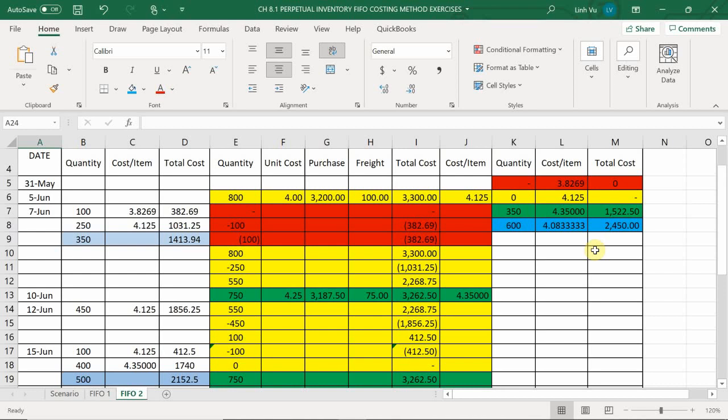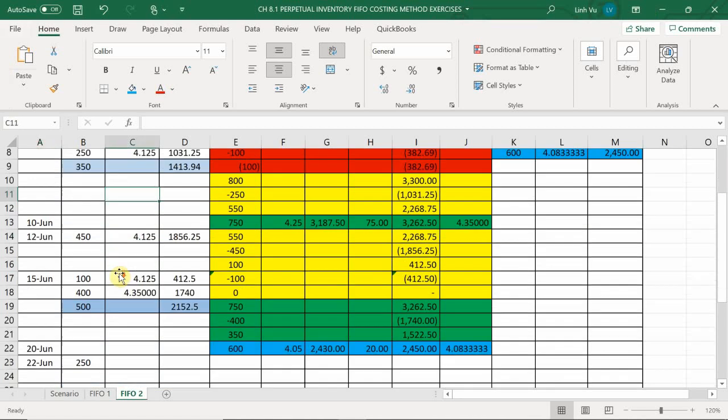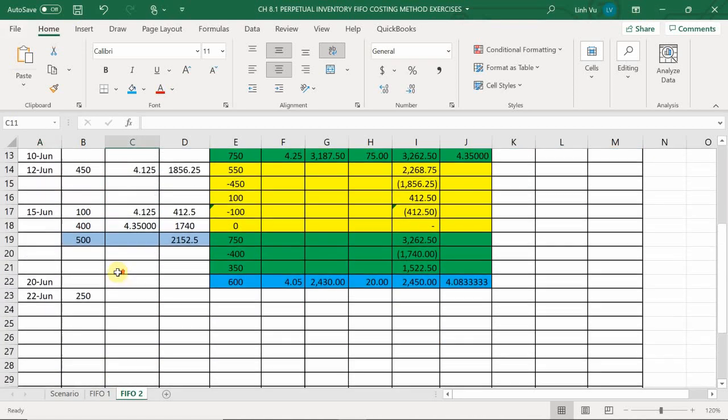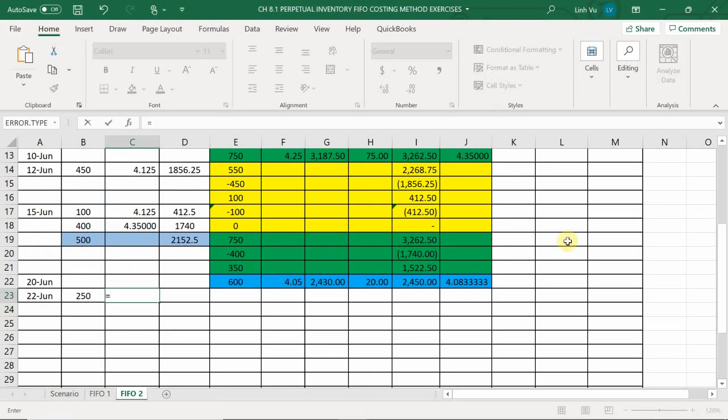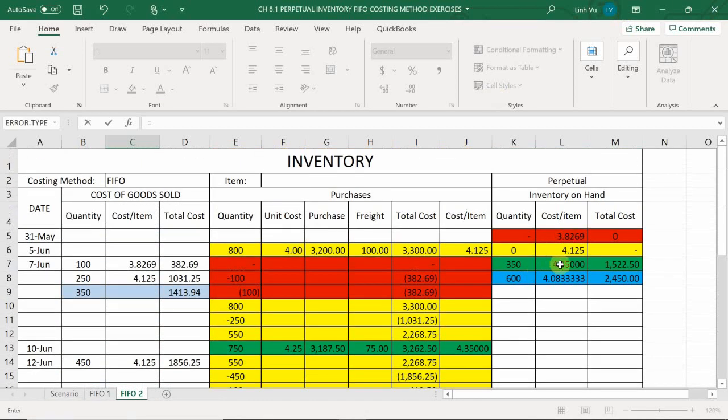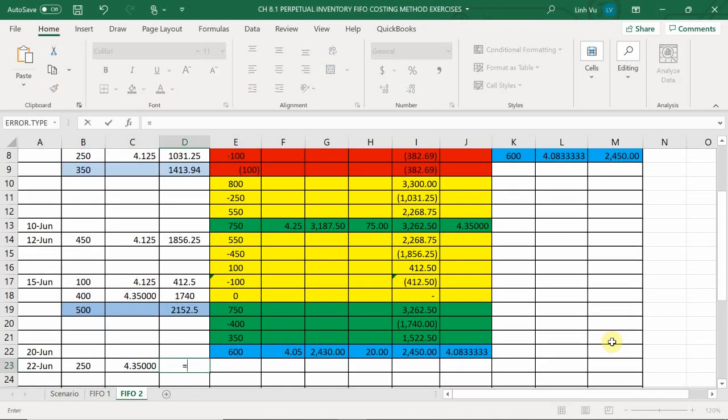We have a total of 950, but which batch of inventory are we going to sell out first? The 350 under green. Yes, we are going to take out from our green. In this case, we're only taking 250 out from the green, which we know the green is $4.35 each. So then in this case, what's my total amount here?